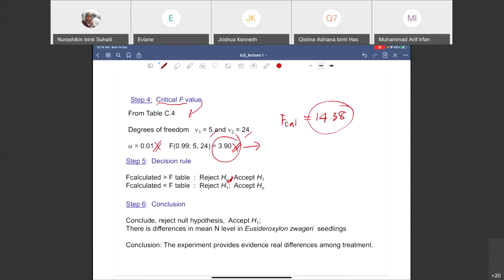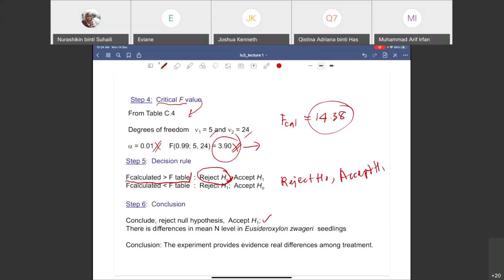That is the decision rule. So we reject the null hypothesis because it falls under this situation. So the decision is to reject the null, or you can also say accept the alternative hypothesis. It's the opposite, so it's either one. So that is the decision.